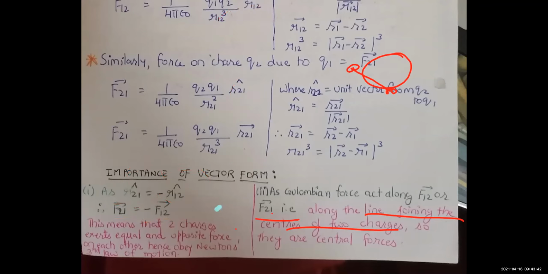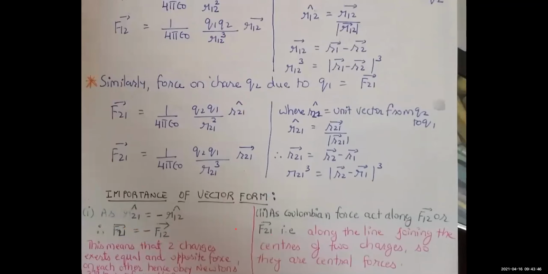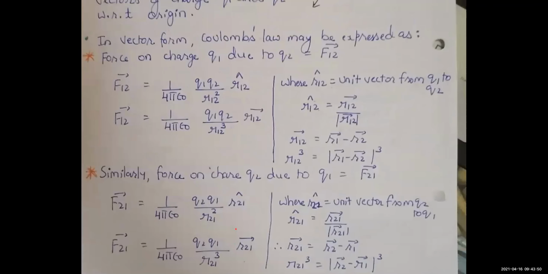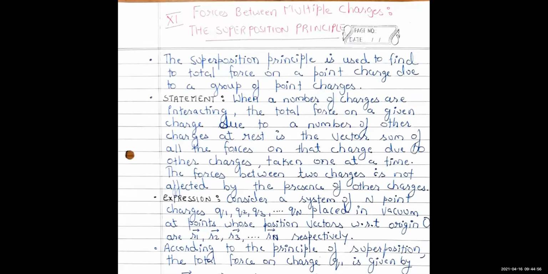Now, if there are more than two charges, then children, what will happen? Here we are going to talk about the forces when there are multiple charges, means you are having more than two charges. So this is also known as the superposition principle.